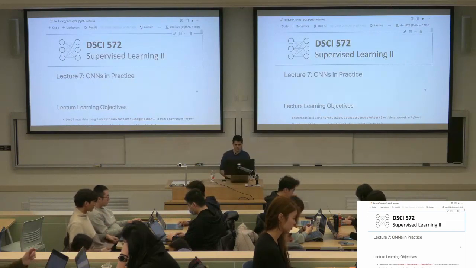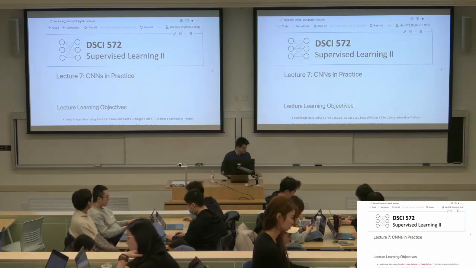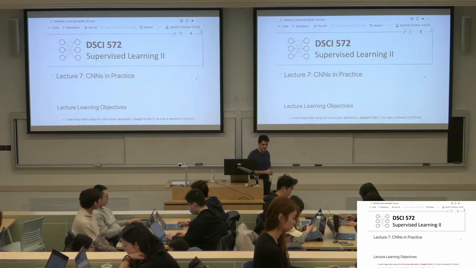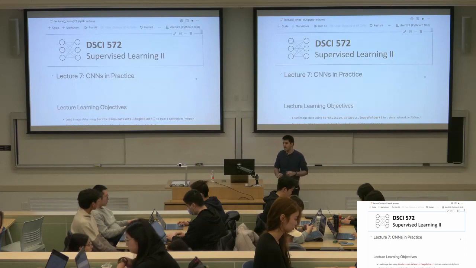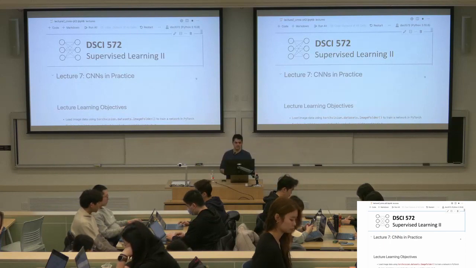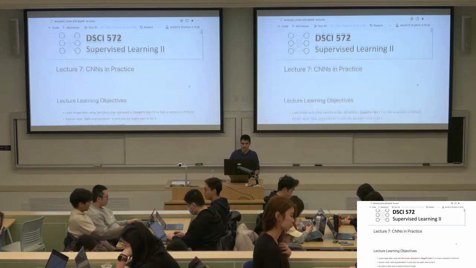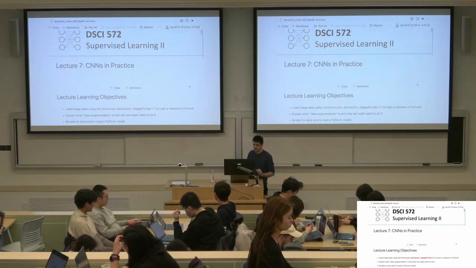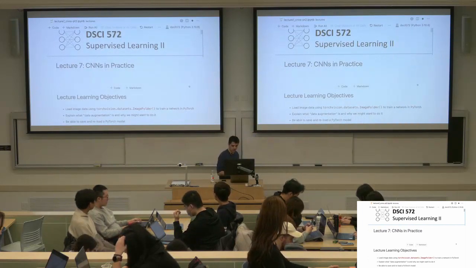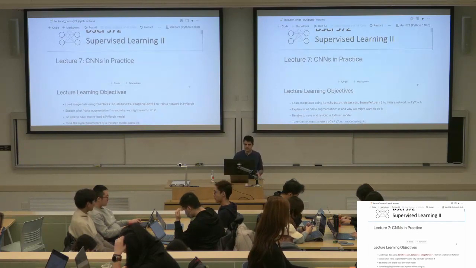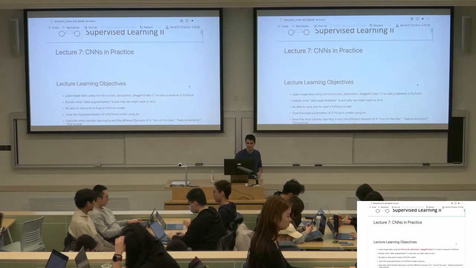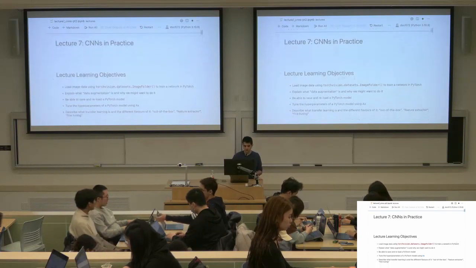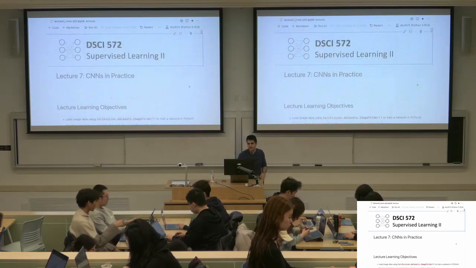We are already in the last week of this course. In this lecture, we're going to be discussing the more practical aspects of CNNs, like how we can load in data, how we can increase the size of our data set and make our models more robust, and then saving and reloading models, tuning hyperparameters in a systematic way, and then finally we'll discuss transfer learning.